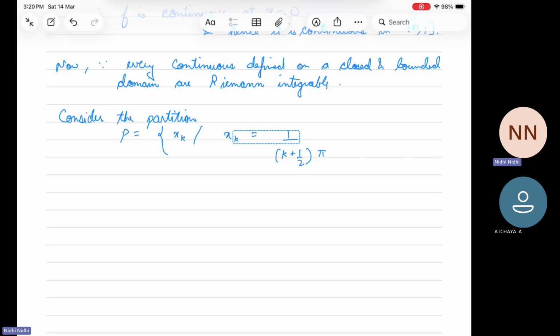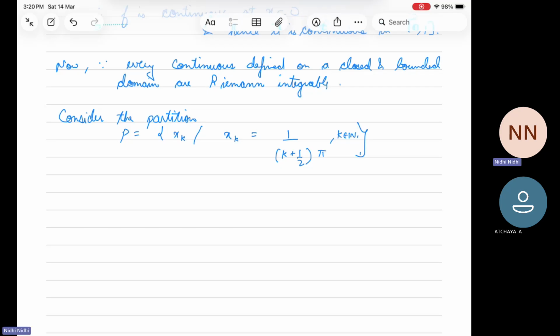Obviously this is always less than or equal to 1, with k belonging to N.